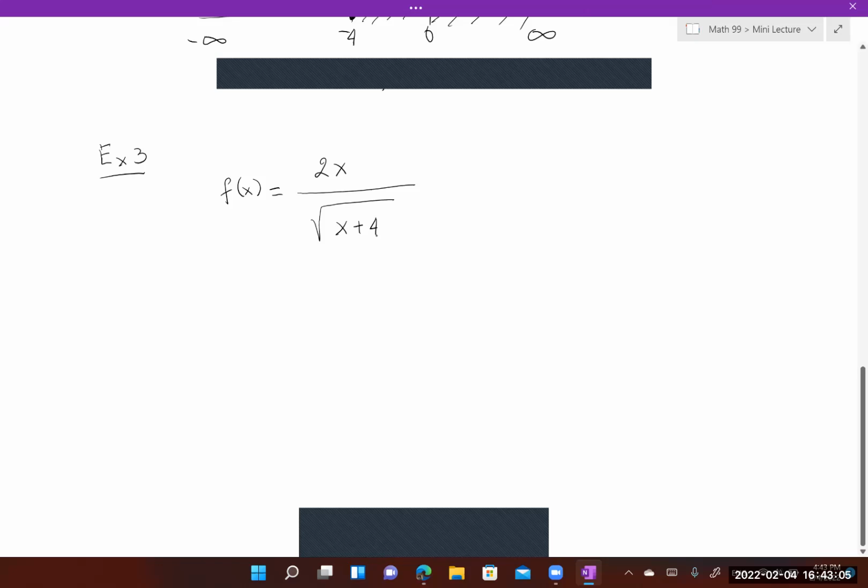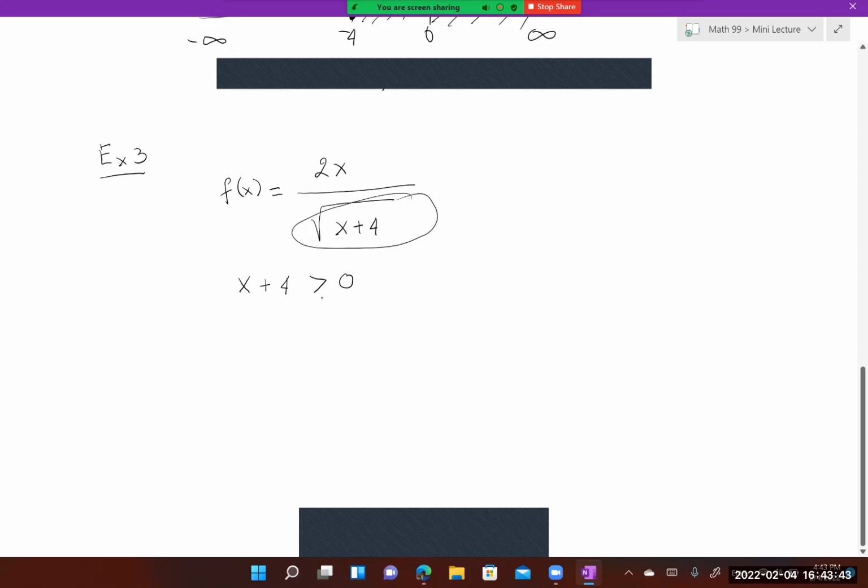However, our denominator is a square root function as well. So first, the square root of x plus 4 cannot be 0, and the stuff inside cannot be negative. So we have to set up x plus 4 greater than 0, but it cannot be 0 because it's down in the denominator.